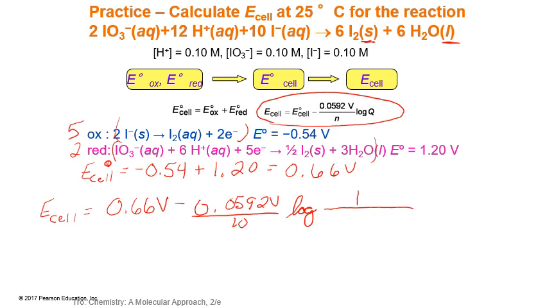our iodate concentration, which is 0.1 molar. And that's going to be squared from our coefficient.